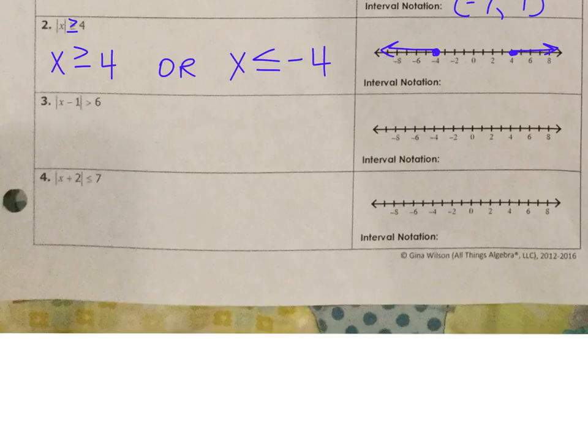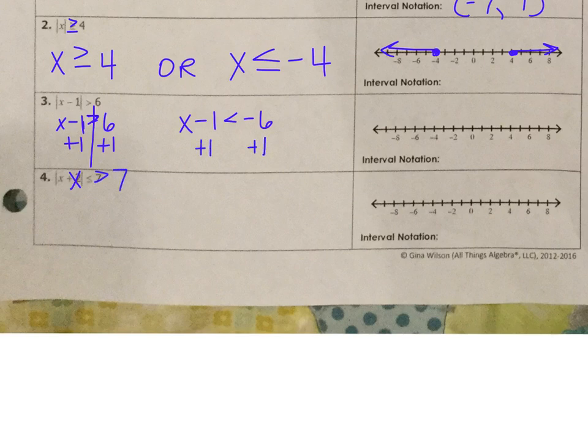I can look at number 3 and I just know it's going to be an or. This one I'm going to have to do a little solving. I'm going to go ahead and break it up. X minus 1 is greater than 6. X minus 1 is less than negative 6. I've got to add 1, and I get X is greater than 7.